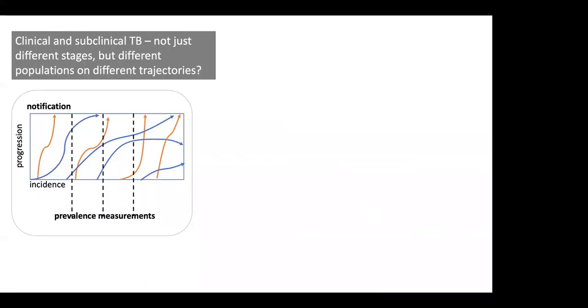We also know that there are different trajectories, and some forms of TB progress more quickly and consistently than others. This means that the cases that end up getting notified, that we collect data on at the time of diagnosis, are very different from the people who get picked up in prevalence surveys.